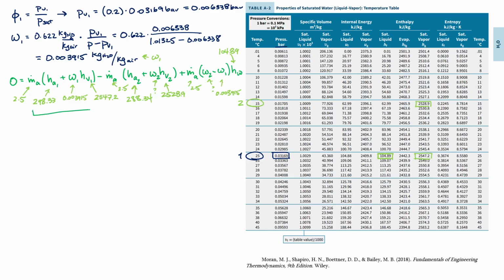This portion right here is going to come out to 2.5 kilograms per second times 308.3053 kilojoules per kilogram.